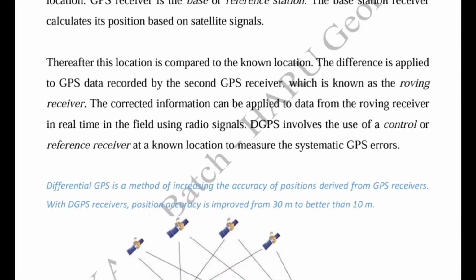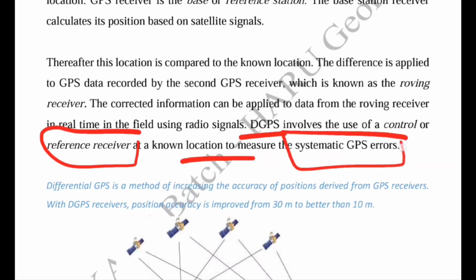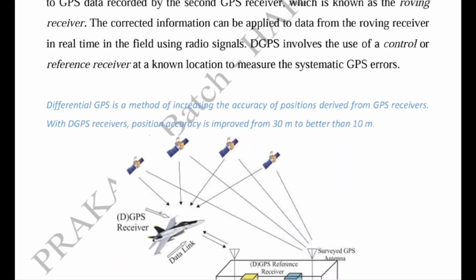So in this DGPS technique, there is a reference receiver which is used to know the errors with the help of the known coordinates. Means we can say that the systematic GPS errors are calculated with the help of reference receivers. So what is basically DGPS? DGPS is a method of increasing the accuracy of positions derived from the GPS receivers.